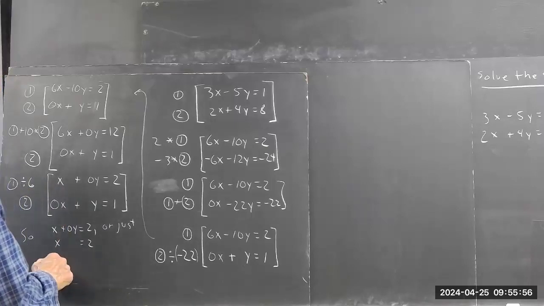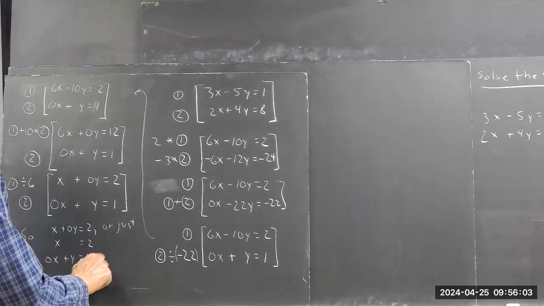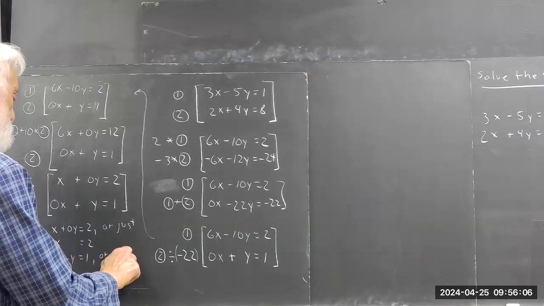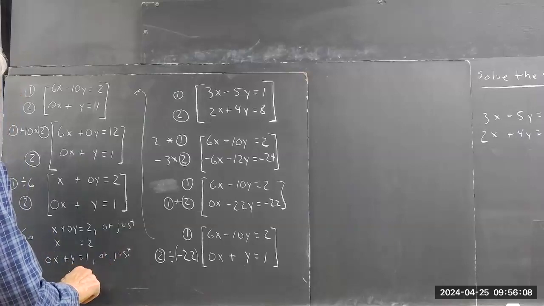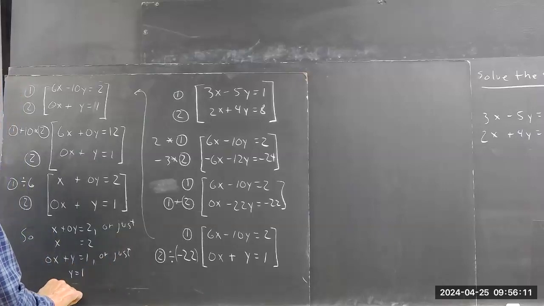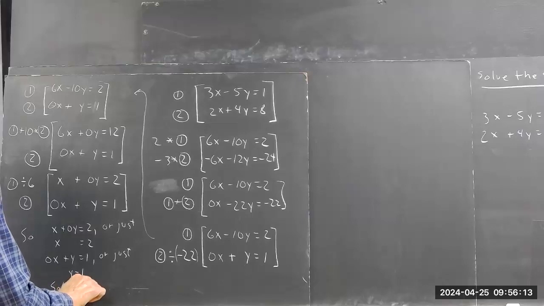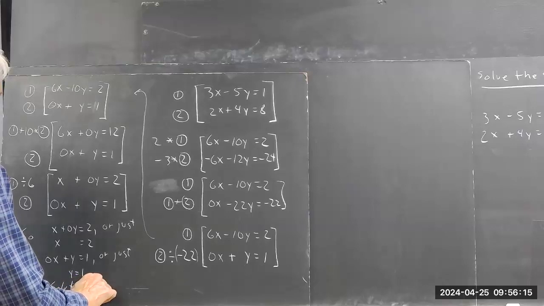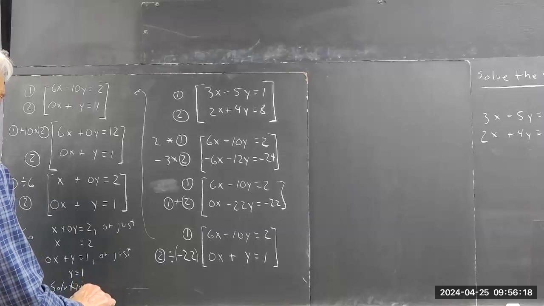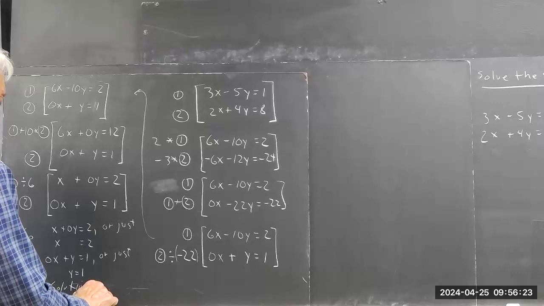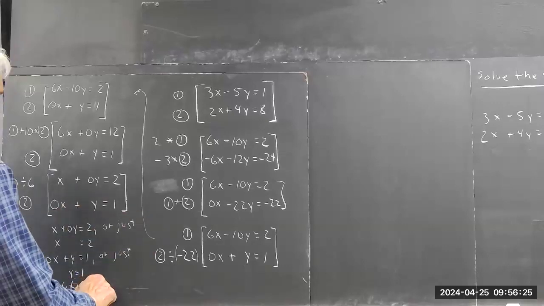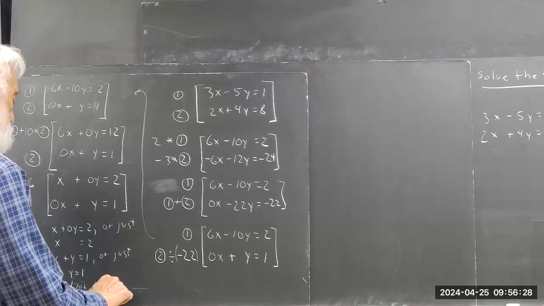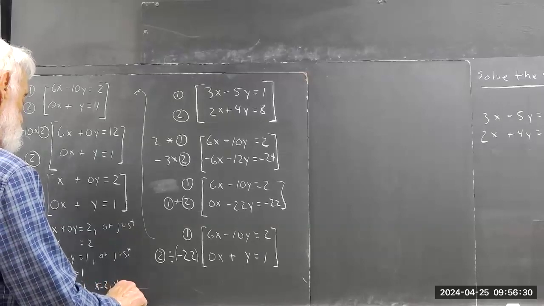And 0x plus y equals 1. Or just y equals 1. So our solution set, our solution is, I'll write this as x equals 2, y equals 1.